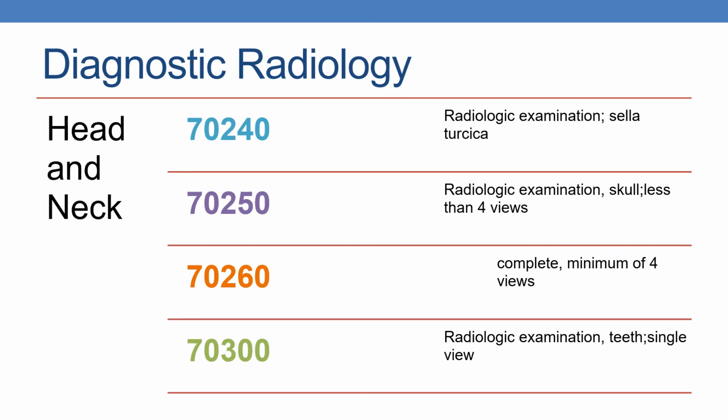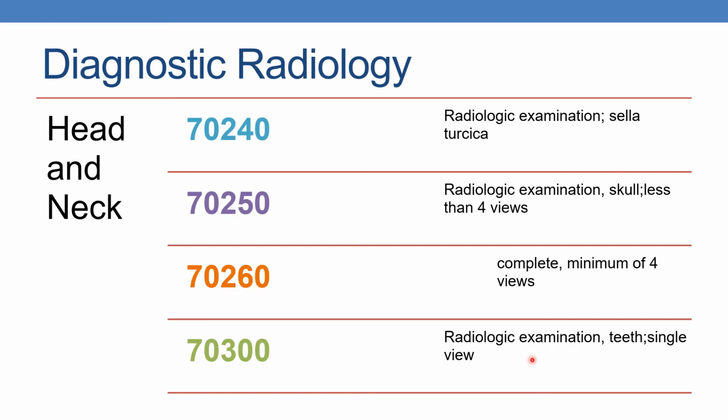The next CPT is 70240. It deals with radiological examination sella turcica. The next is 70250. It deals with radiological examination skull, less than 4 views. Whereas 70260 deals with radiological examination skull complete, minimum of 4 views. The next is 70300.